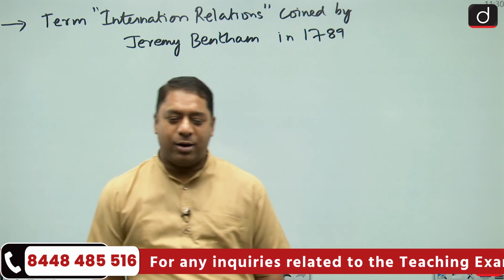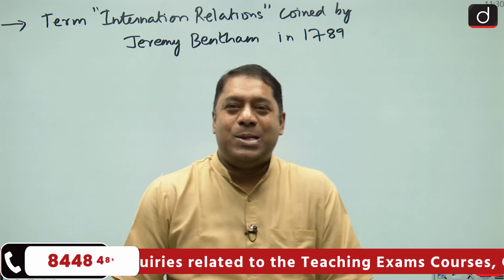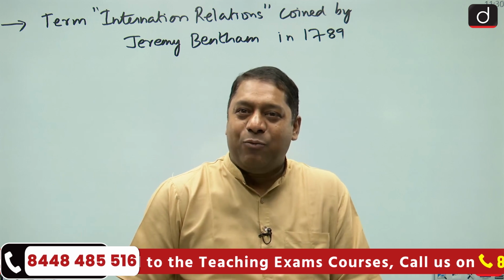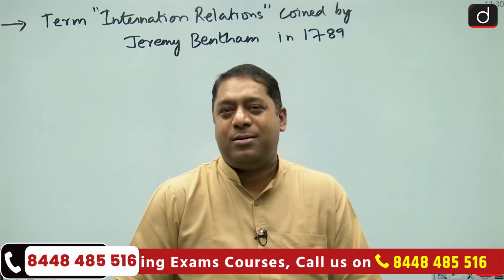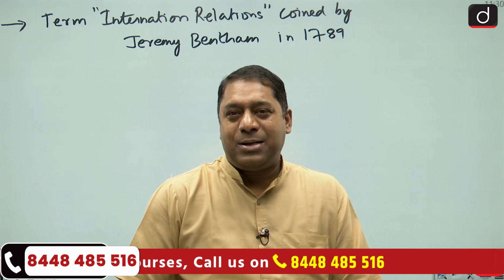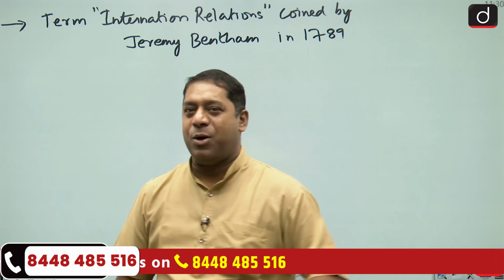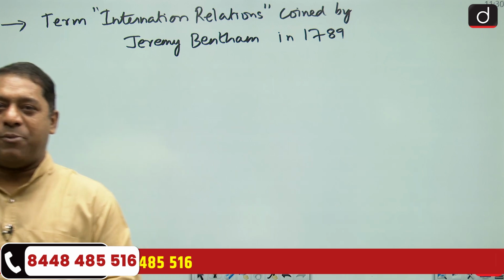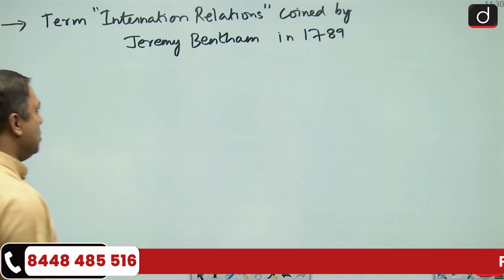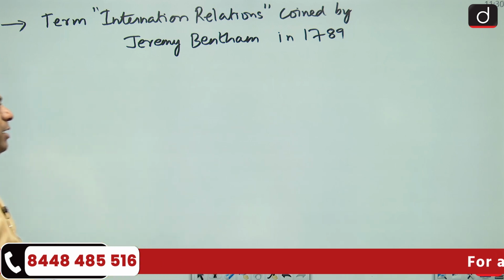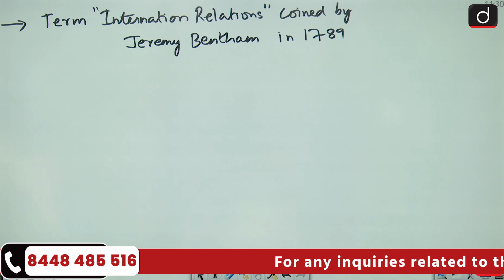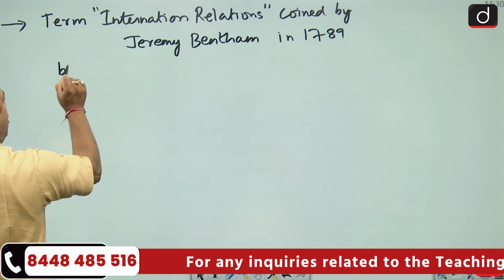French Revolution. याद रखो, 1789 is the time when the French Revolution happened. The Battle of Bastille इसी समय हुआ था ना? French Revolution 1789. So Jeremy Bentham in 1789 he coined the term international relations, and that too in his book.